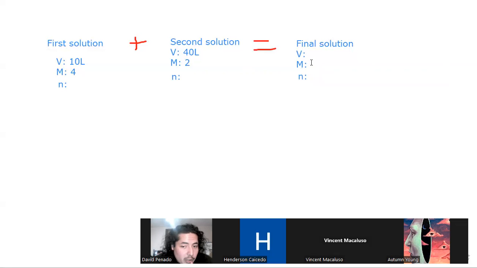Because to get the molarity, we need volume and moles. For these questions, ignore what the professor said about some mixtures cannot mix. When it comes to volumes, they always add together.